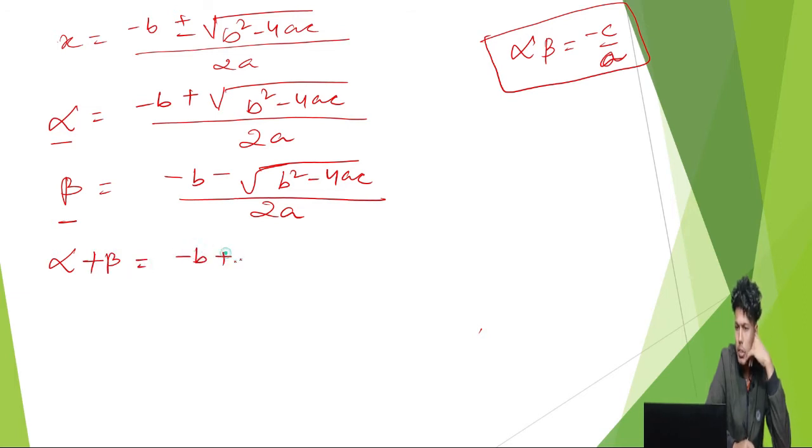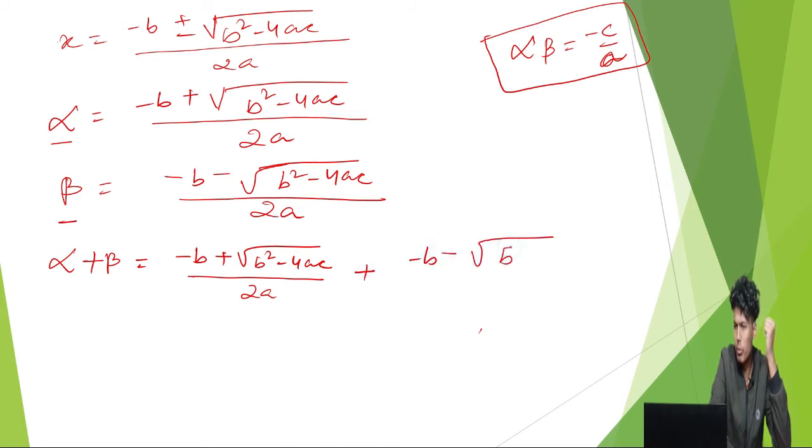Minus b plus root over b square minus 4ac divided by 2a plus minus b minus root over b square minus 4ac divided by 2a.